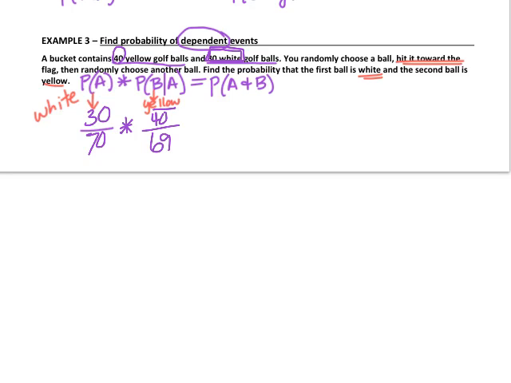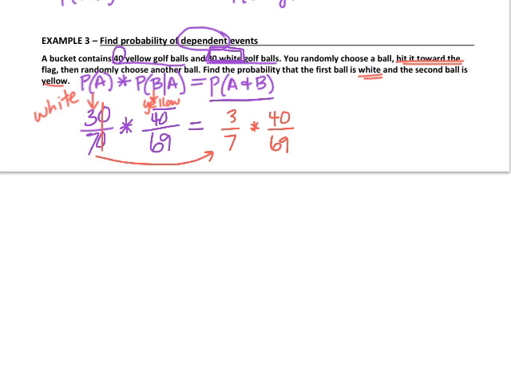So following the formula that we have here, the little equation, taking 30 over 70 and multiplying it by 40 over 69, we're going to get the probability of both of these things taking place. So before I go any further, I would like to reduce 30 over 70. That's going to just be 3 over 7. I'm just reducing that. And then I would like to multiply that by 40 over 69.